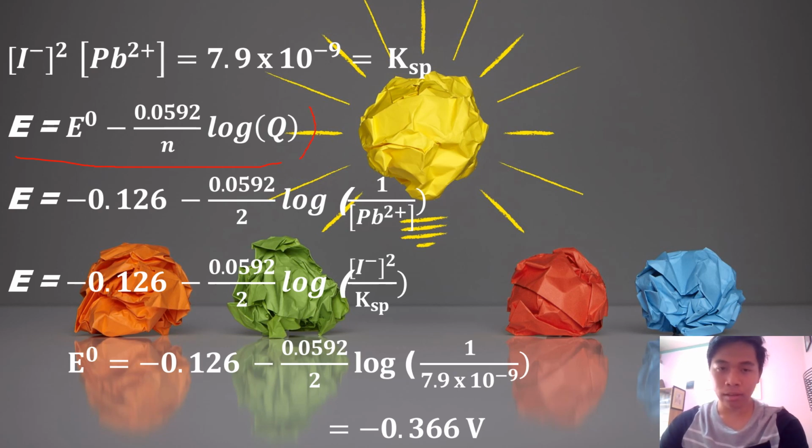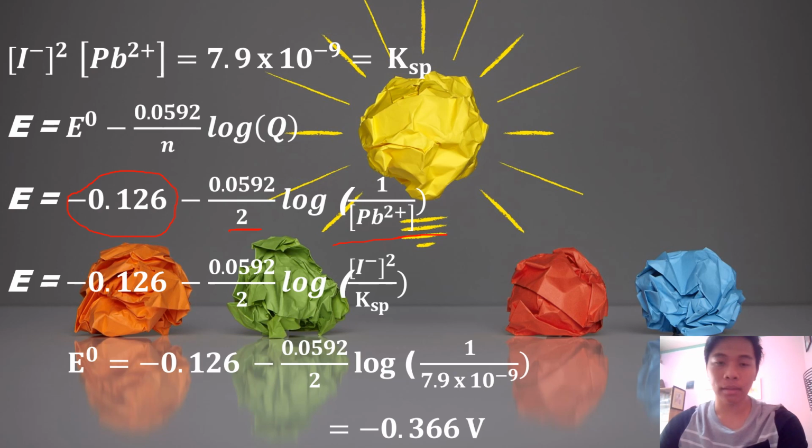Then we input the values that we already have: the E standard cell potential of the reaction of the E indicator, 0.0592 over 2, where 2 is n, times log of 1 over Pb2 plus.